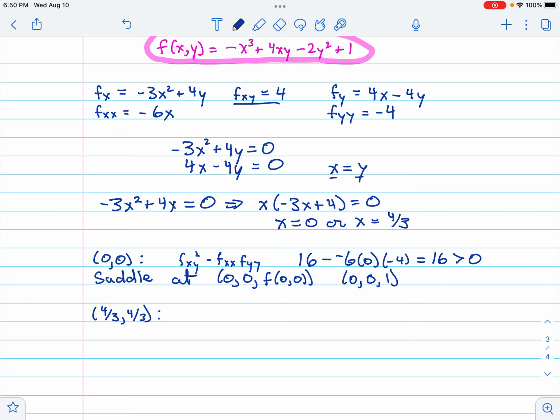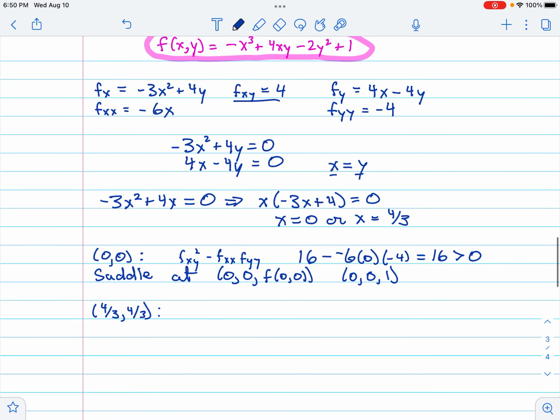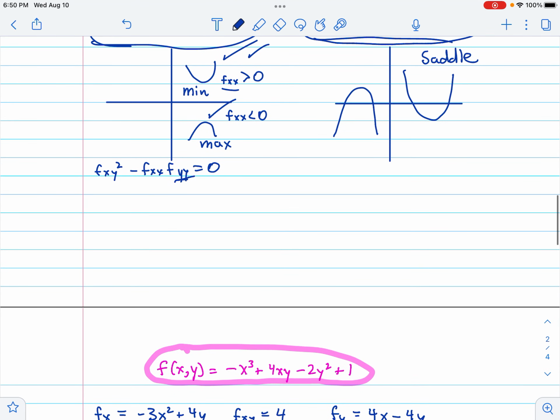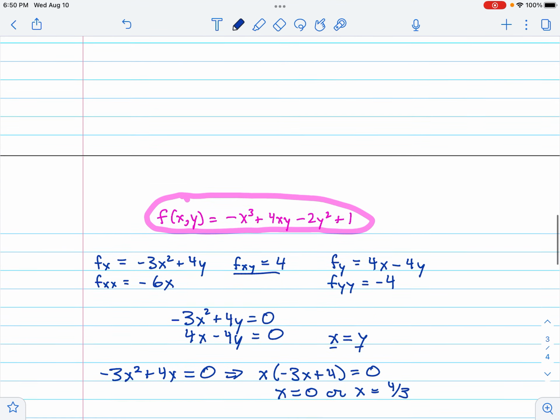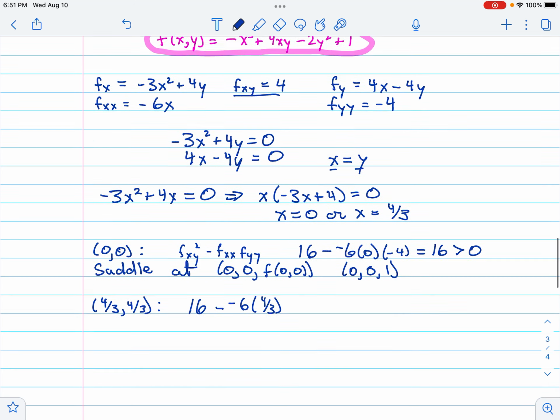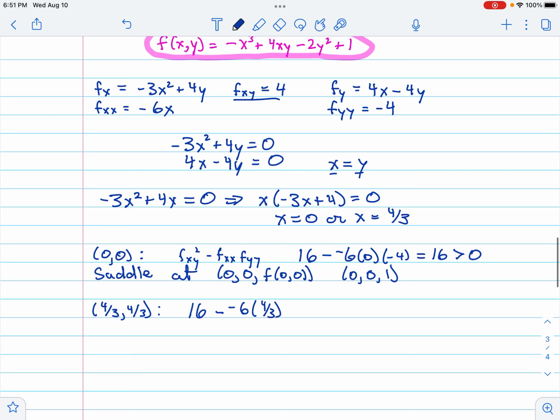Now let's try this other one. Same thing. So I've got 16 minus fxx, which is negative 6 times 4/3, times fyy, which is negative 4. Let's see what this gives us.